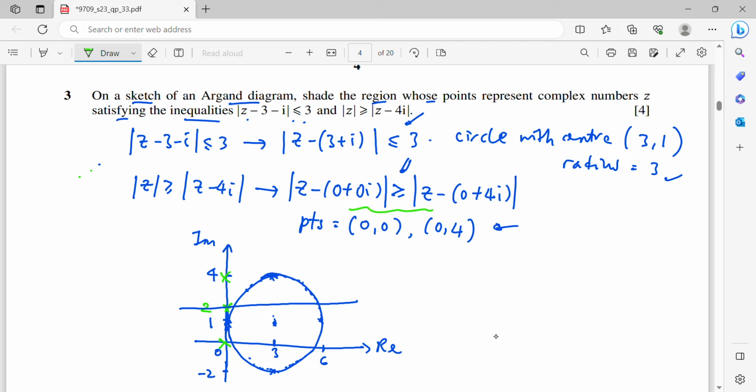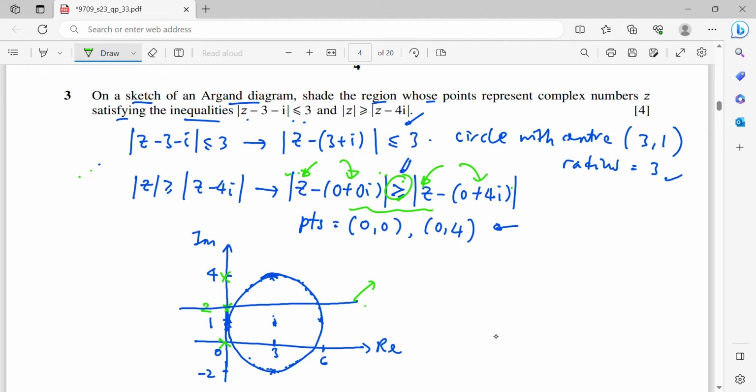The modulus means distance: the distance from the general point to the origin will be greater than or equal to the distance from the general point to (0, 4). That's why I use the solid line here, because a solid line means it is the equal sign. So now I just need to consider greater than.